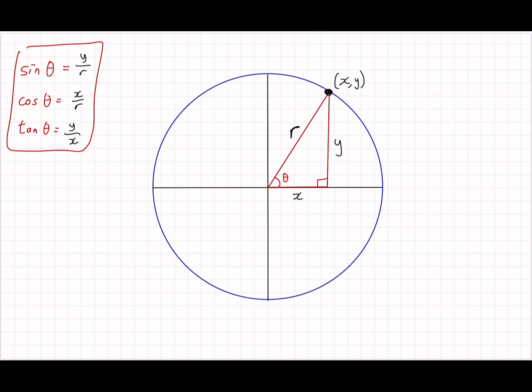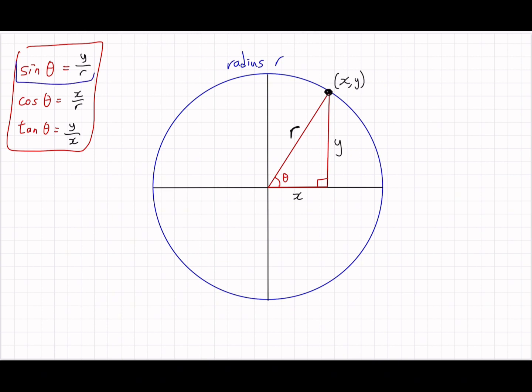Now here's where it gets interesting, because this blue circle is a circle with radius R, and we can use what we know to make some very simple changes, and then we will be looking at really different things.